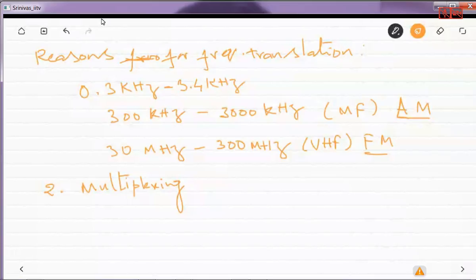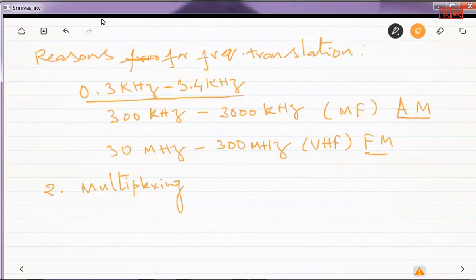Say for example there are two users, both of them producing speech signals, and they want to communicate over the same channel, meaning the same free space channel, right? User one is producing signals within the range 0.3 kilohertz to 3.4 kilohertz, and the other user is also generating signals in this range.